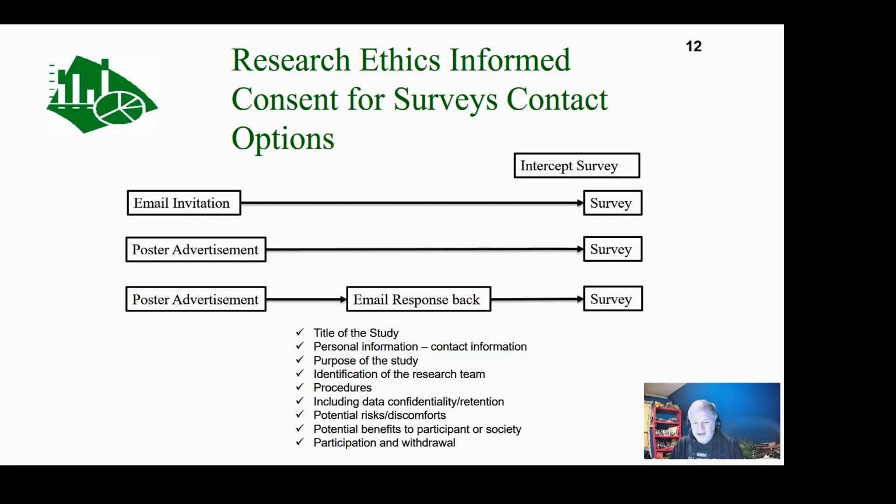Then you have a canned, specific email back to them: Hi, I'm so-and-so. Thank you for considering participating in our survey. There's some information that I need to go over with you first before you make your decision to participate. So there's a number of paths in which to recruit a participant and ask for their consent.